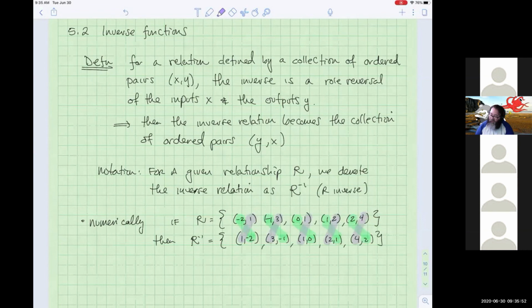The old switcheroo. I'll leave that up there so a couple of you can catch up.